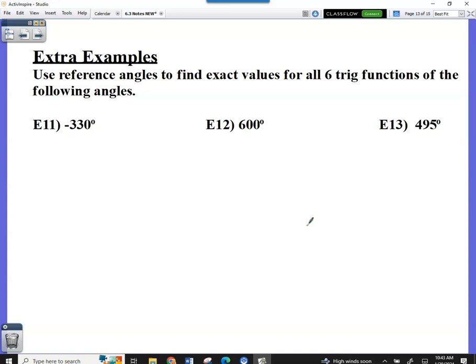You just have to remember to watch your negatives. So for sine, did you get root 3 over 2? Negative, sorry. Negative root 3 over 2. Yeah. Cosine, positive 1/2. And tan, negative root 3.